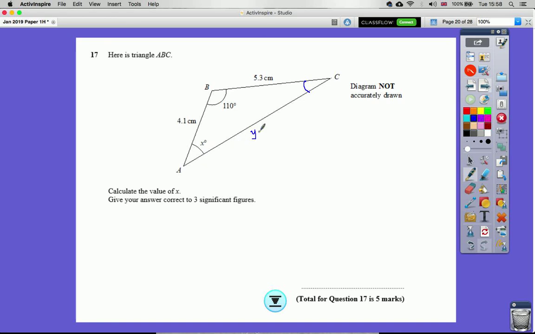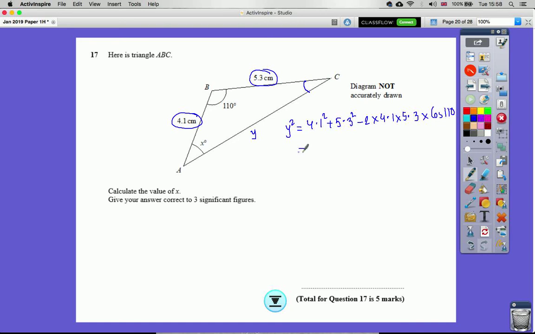So if I want to find out the length of y, I have to use the cosine rule. So I will do y squared is equal to 4.1 squared plus 5.3 squared minus 2 times 4.1 times 5.3 times cos 110.